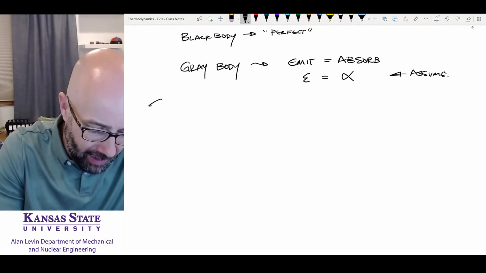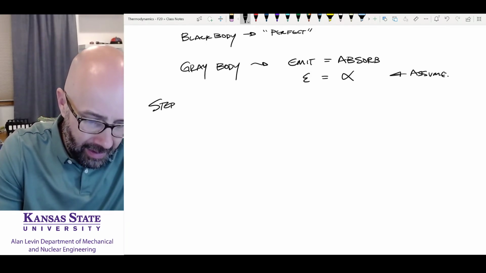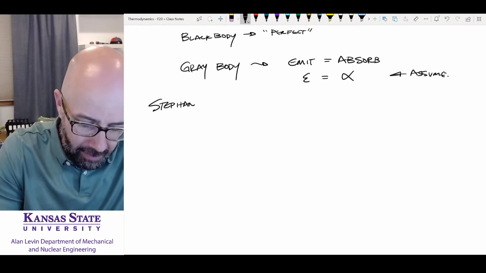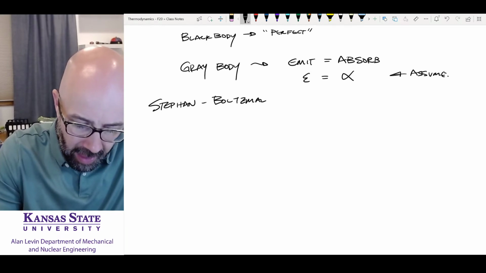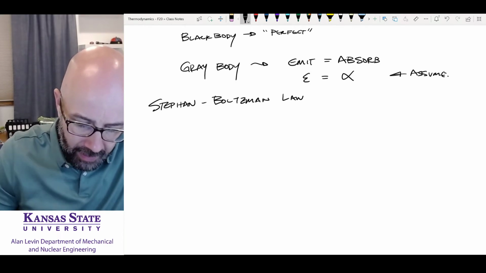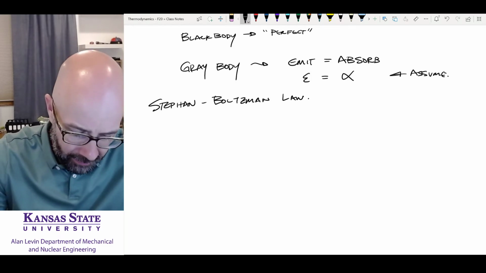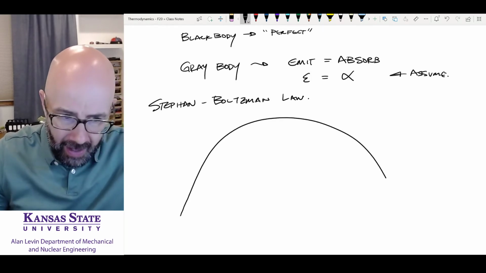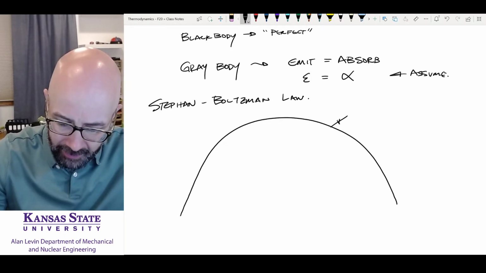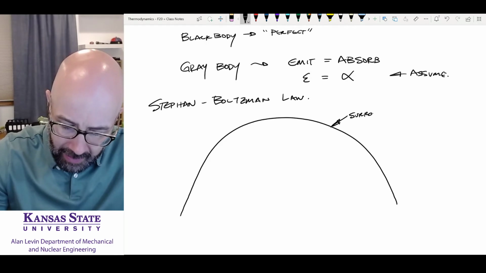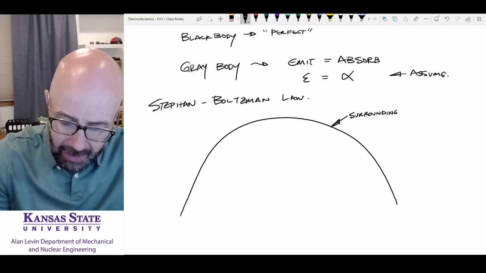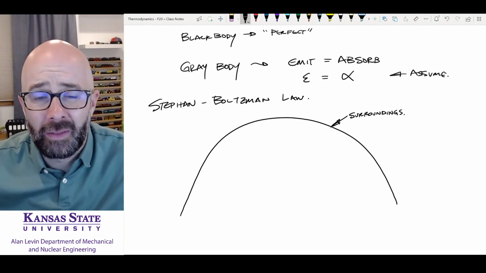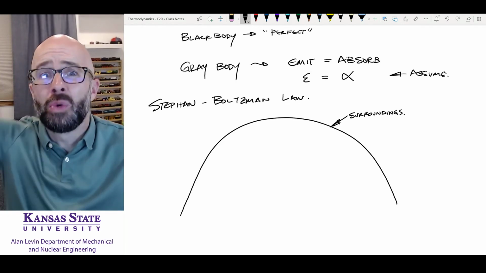Let's look at the law that helps us understand thermal radiation. That's the Stefan-Boltzmann law. Okay, so how we do this is we're going to look at the surroundings. This could be anything. This could be a building, a wall, the atmosphere, the blue sky.